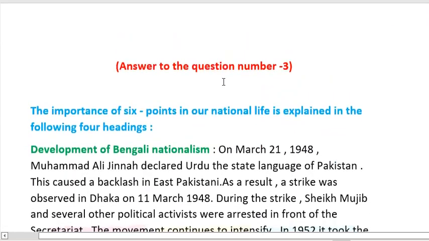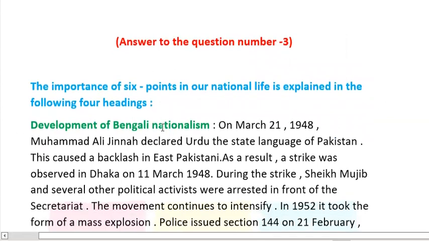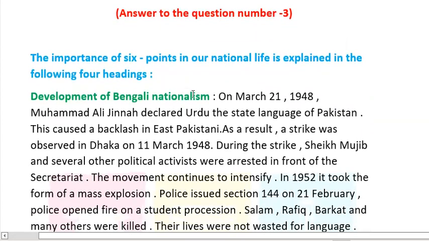Answer to the question number 3. The importance of the 6 points in our national life is explained under the following 4 headings. Development of Bengali nationalism. On March 21, 1948, Muhammad Ali Jinnah declared Urdu the state language of Pakistan. This caused a backlash in East Pakistan.